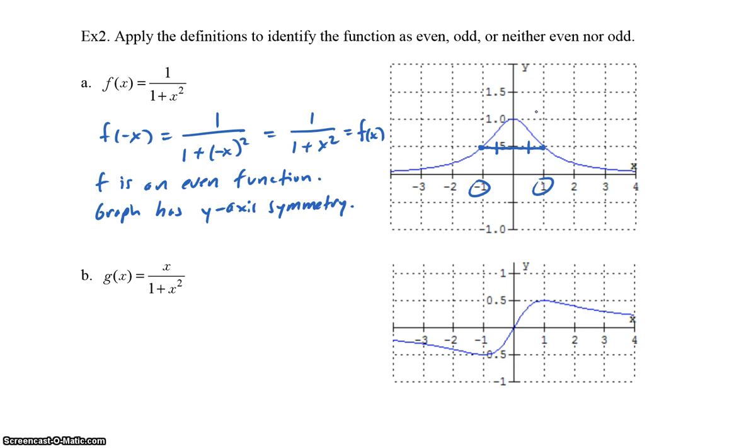This is what is meant by y-axis symmetry. We can also just see from the graph how the graph is basically balanced on the y-axis. You might say that the part of the graph to the left of the y-axis is the mirror image of the part of the graph to the right of the y-axis. So even functions always have this y-axis symmetry that I'm trying to describe.